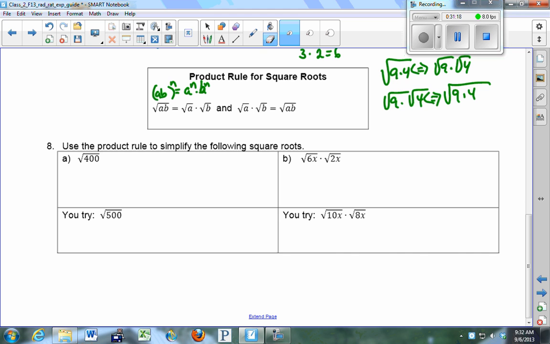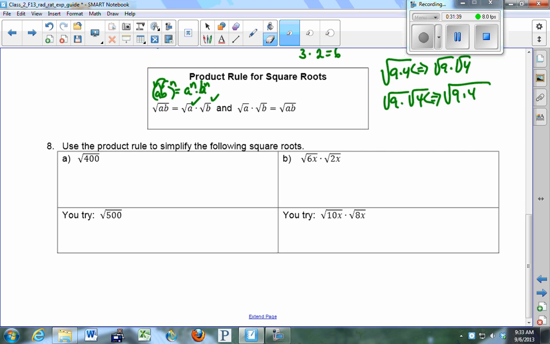So it's just the same thing as what you've been doing with exponents all along. ab to the n equals a to the n times b to the n. The exponent applies itself to each one of these. And that's what you see happening right there. The radical applies itself to each factor.